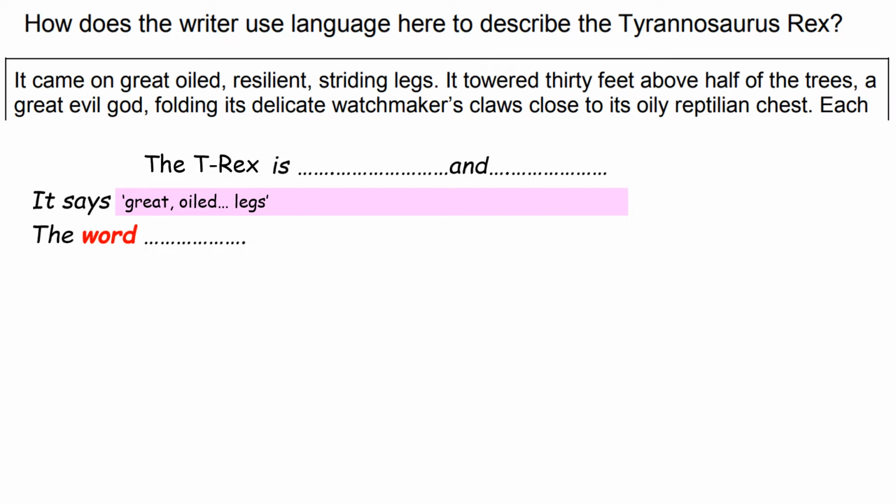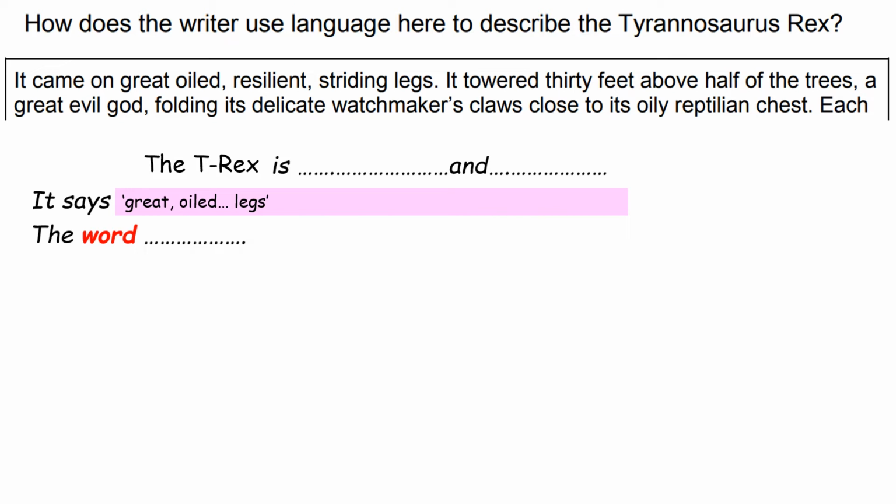So I might zoom in on the word oiled. Now I know that oiled in this sentence is an adjective. It's describing his legs. So instead of saying the word, I'm going to take that out and I'm going to say the adjective, get me some extra marks for subject terminology.